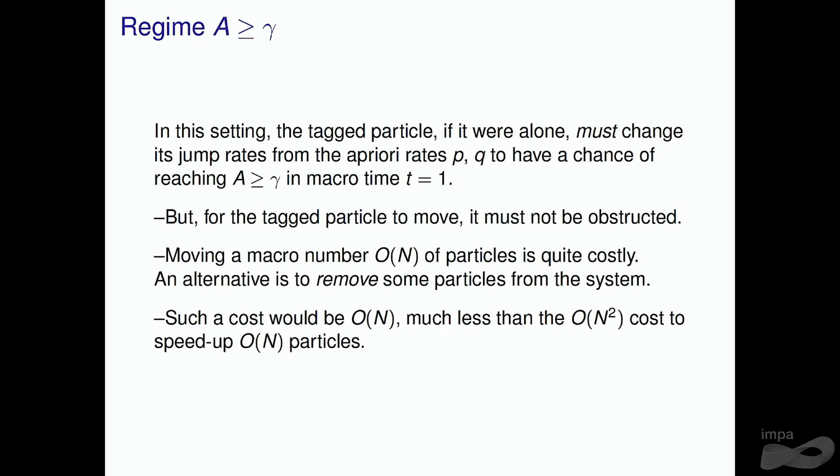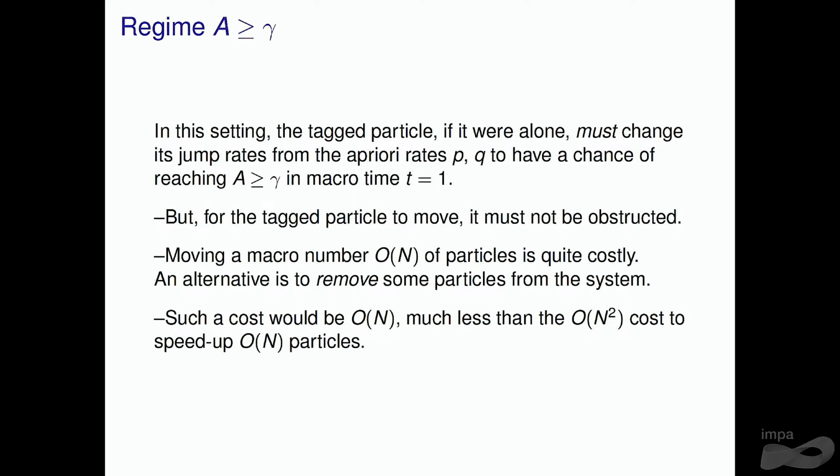So let's look at this regime. There are some constraints. Of course, for the tag particle to get there, the particles in between have to move faster or do something.